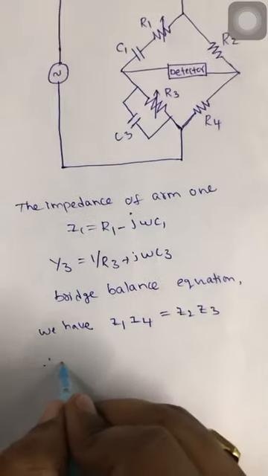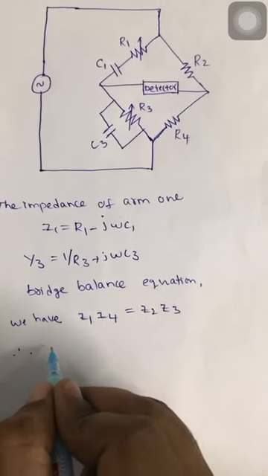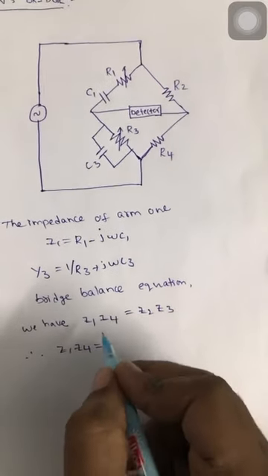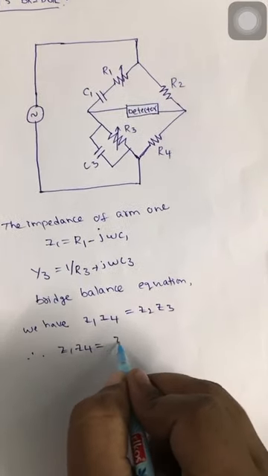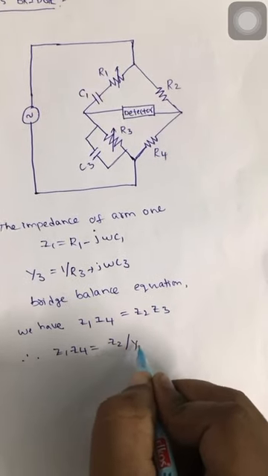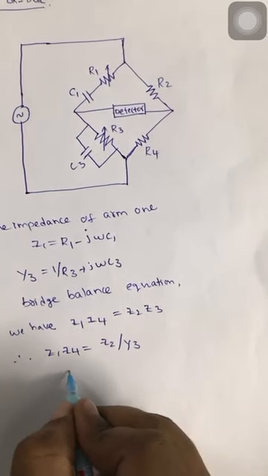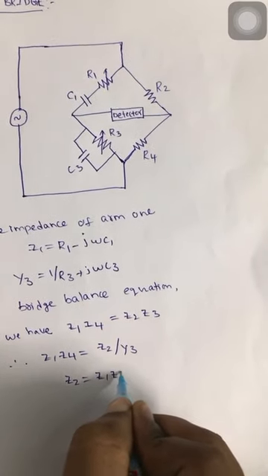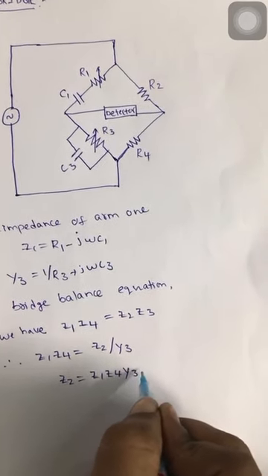So therefore Z1 Z4 is equal to Z2 by Y3. So Z2 is equal to Z1 Z4 into Y3.